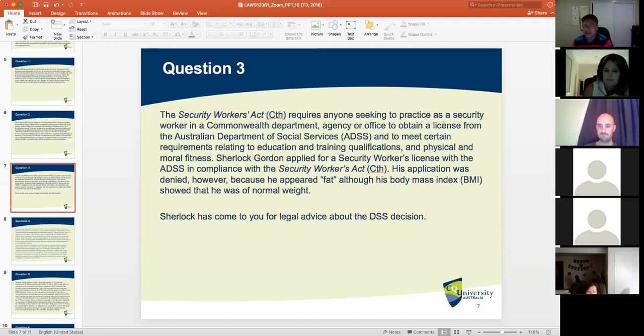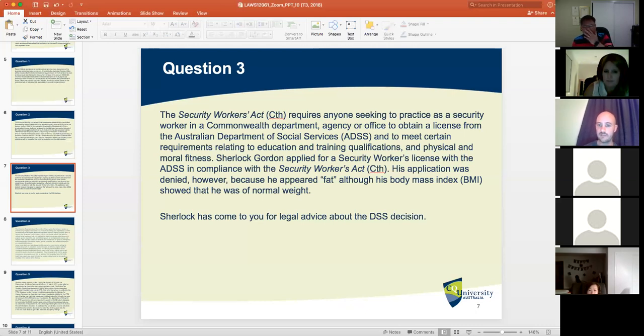So that's acceptable. There appears to be no evidence to make a decision that he is fat, given that his body mass index is normal. Although, isn't it possible to have a normal body mass index and yet appear fat? Isn't that possible? I don't know. Probably is. Yeah, but the point is, the requirement is that you've got to meet certain physical fitness levels, right?